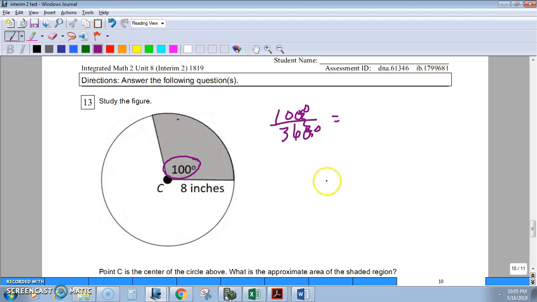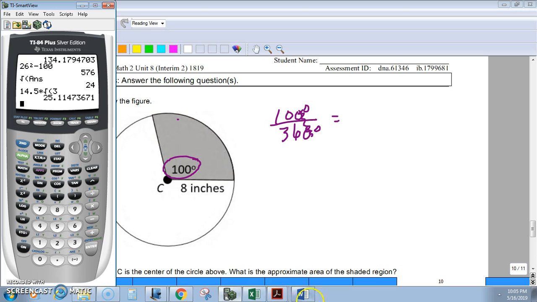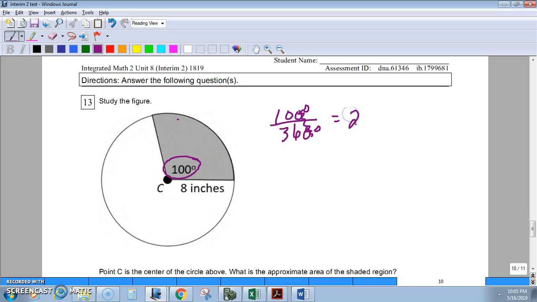So 10 divided by 36 is approximately 27.8%. Okay, so all I have to do is find the area of the entire circle and then take 27.8% of that area. So we'll just multiply it by 27.8%; of means multiply.